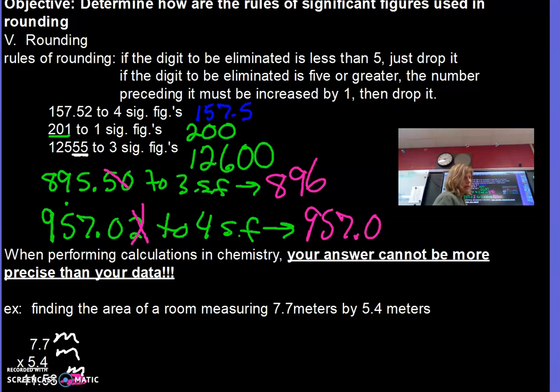So I have to round this to 42, because I have to get rid of the 5 and the 8. The 5 is going to bump this up to a 42, so that gives me 2 significant figures.